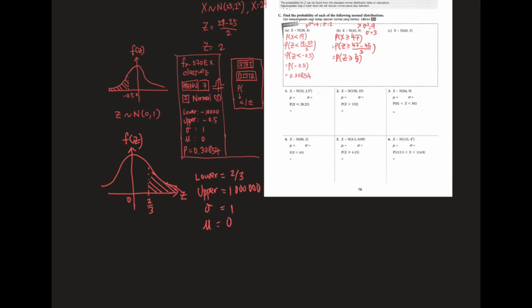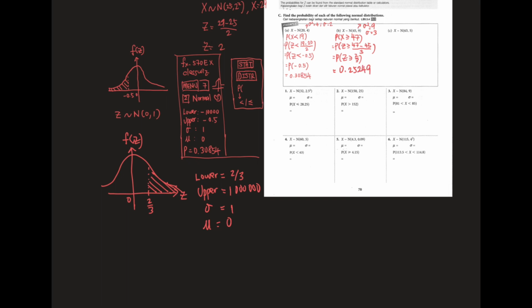After that, you press equal, and you're supposed to get 0.25249.